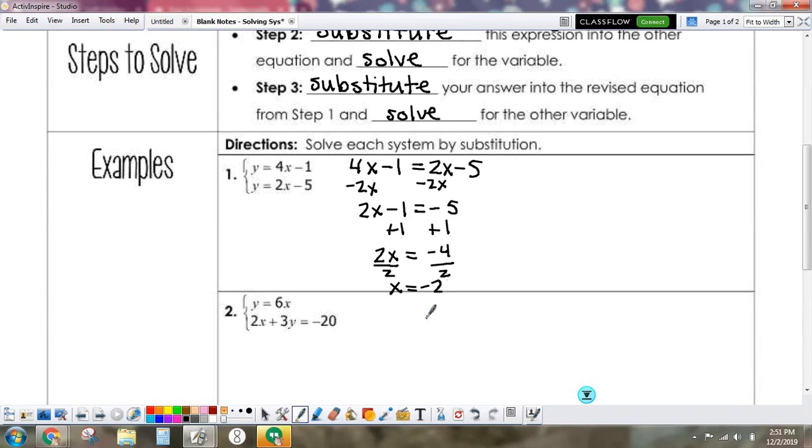Okay, so what I'm going to do now is I'm going to take this and plug it into my equation here. Okay, the one that I substituted in. So I have y equals 2x minus 5. I'm going to take negative 2 and plug it in for x.